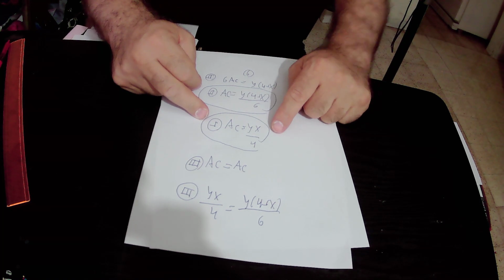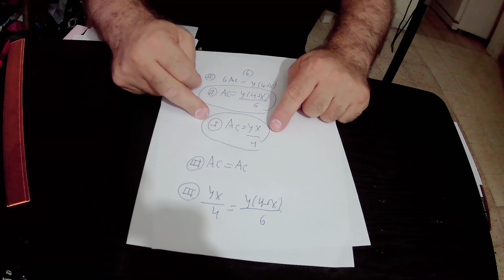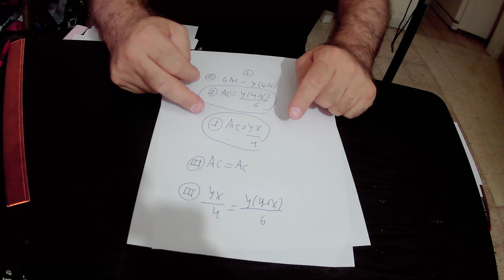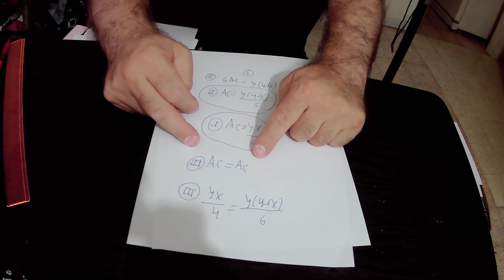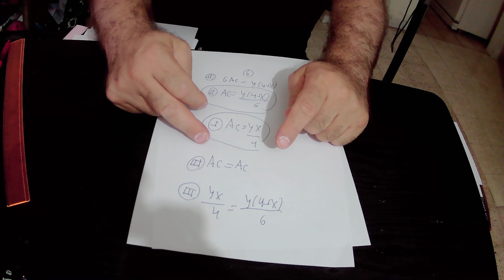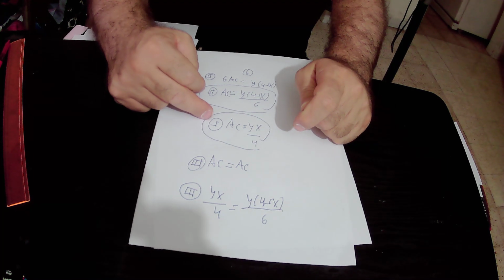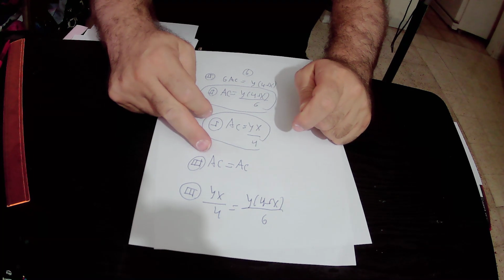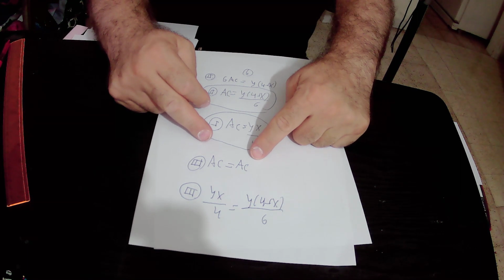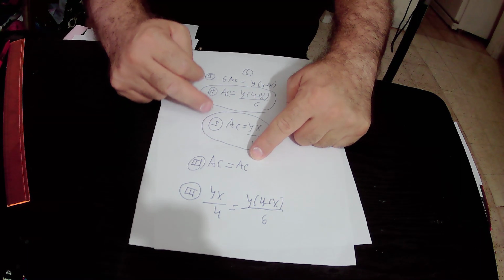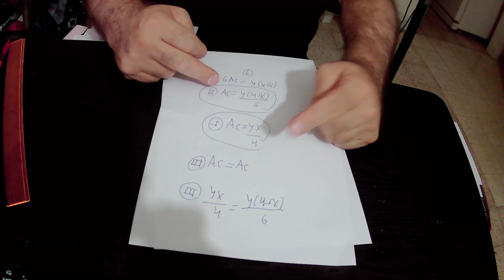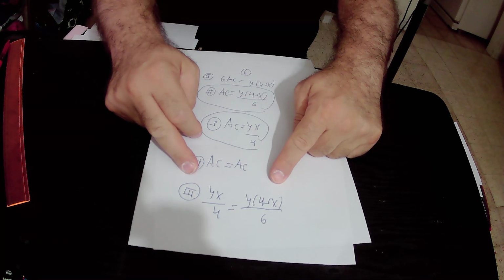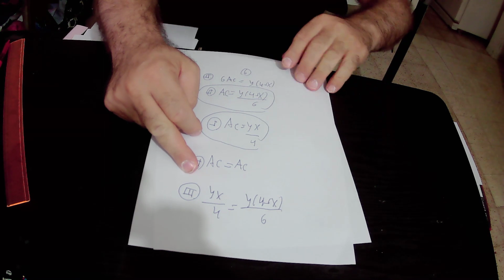According to equation number 1, AC equals Y times X over 4. Then we create the equality stating that AC equals AC, and we substitute AC by its value from equation number 1 on one side, and on the other side by the value we found for AC in equation number 2, and we get equation number 3.